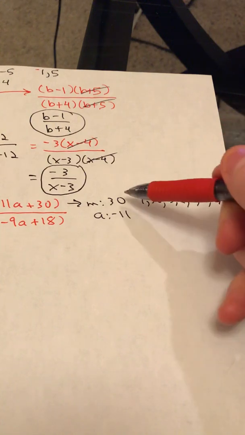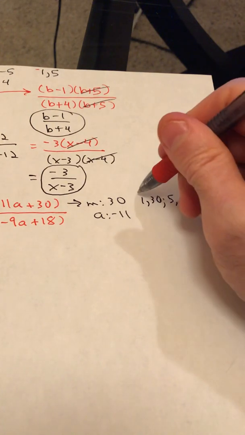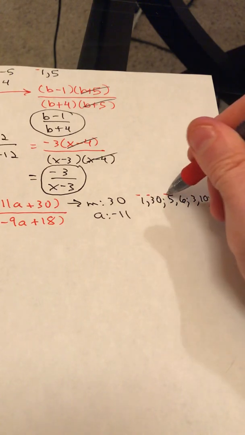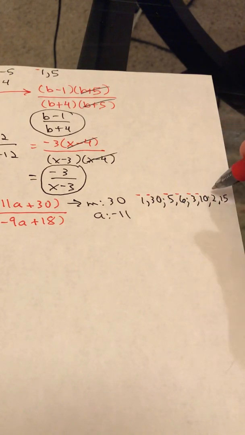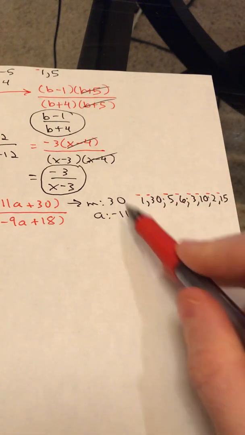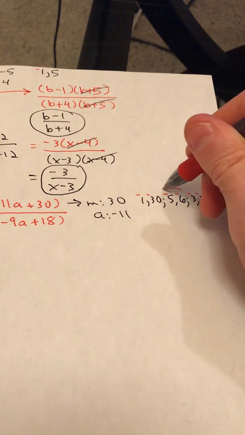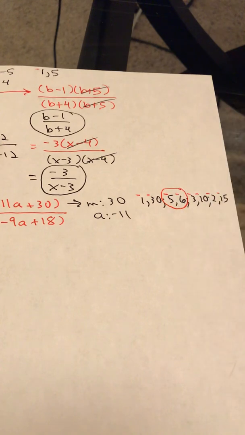If it multiplies to a positive and adds to a negative, that means both numbers have to be negative. Now, certainly as you work these through, you usually find those patterns. Now, as far as what's going to multiply to 30 and add to -11, -5 and -6.